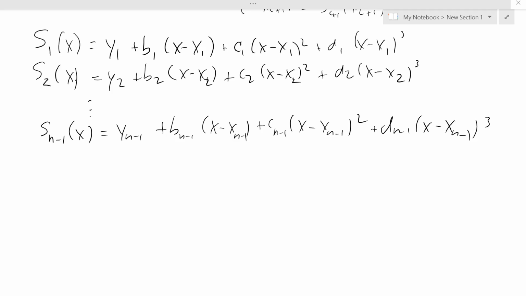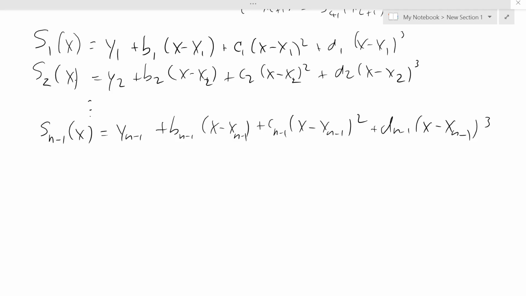When I take the derivatives of each of these, the constants are going to go away. The second terms, the x minus xi, will go away, right? Here, the 2 will come down in front. We'll still have an x minus xi in each of those, and the 3 will come down in front. We'll have an x minus xi squared for each of those, right?